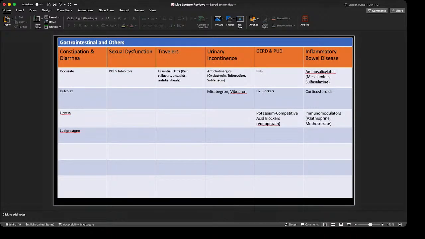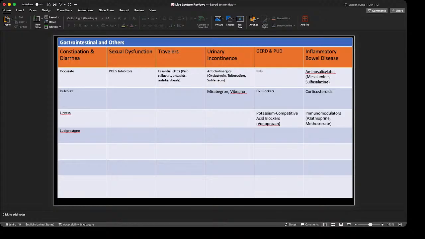Then gastrointestinal and others like constipation and diarrhea: docusate, Dulcolax, Linzess, lubiprostone. Take a look at these as well, especially stimulating versus softening of the stool.